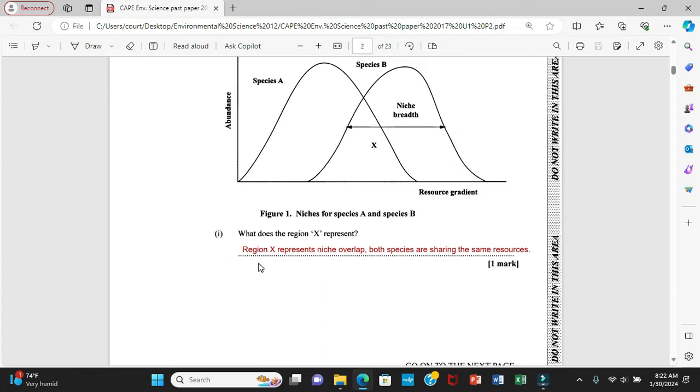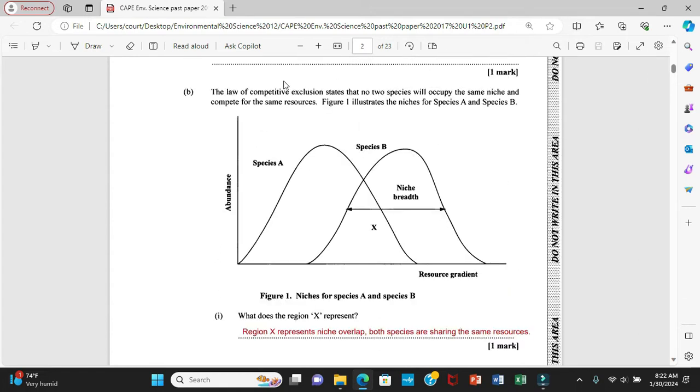All right, we're going to read what I wrote. Region X represents niche overlap, meaning both species are sharing the same resources. So as you know here, that is not competitive exclusion. Right here at the moment, competitive exclusion is not in existence. Species A and species B are sharing the same resources.